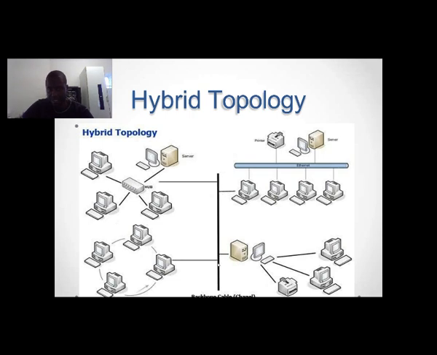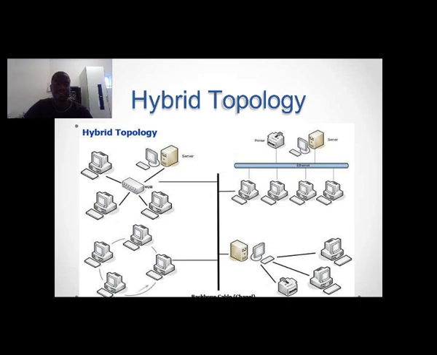So this bus is connecting a ring. You see now, you've got a ring connecting to that cable, or we can have a star also connecting to that cable, and then onto that star you've got another star connecting to this bus, and then you've got this bus connecting to this bus. So you can have many different topologies.